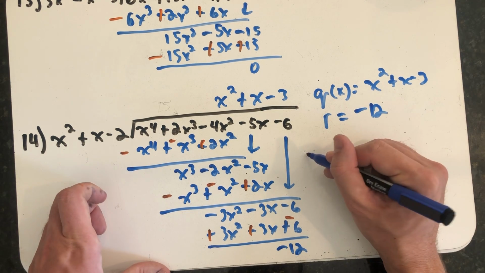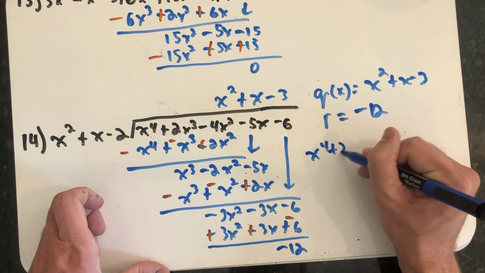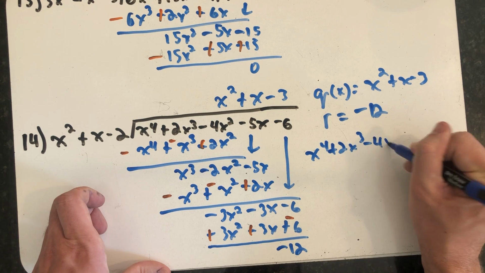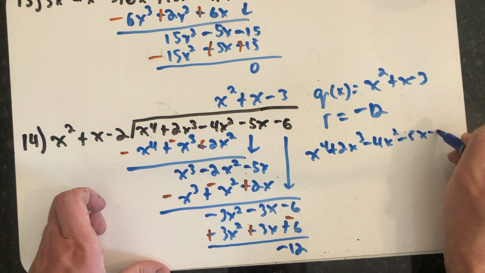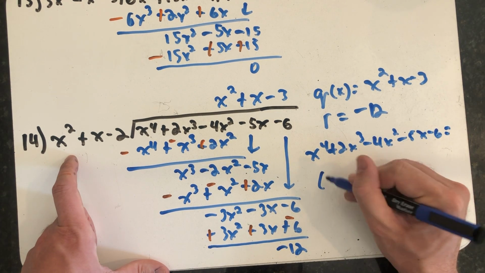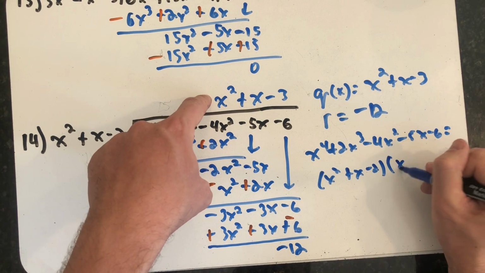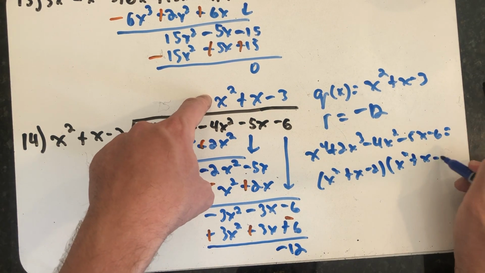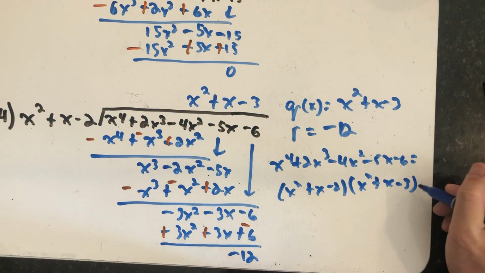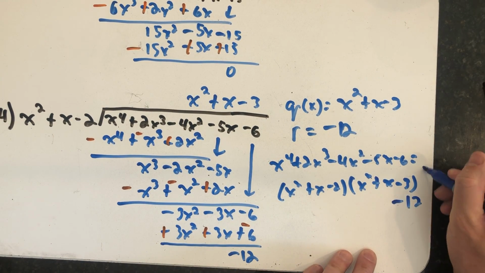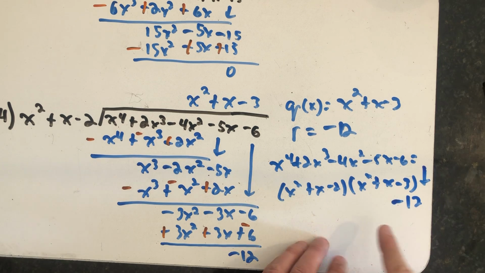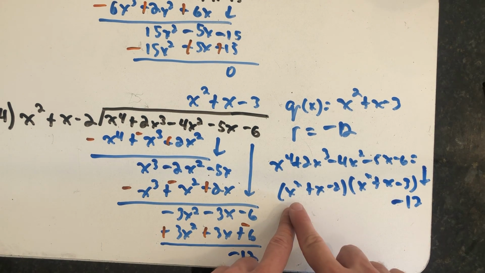So this time I'd have x to the 4th plus 2x cubed minus 4x squared minus 5x minus 6 is equal to x squared plus x minus 2 times the quotient x squared plus x minus 3, minus 12. Man, I wish I had room to write minus 12 right there, but that's the equation.